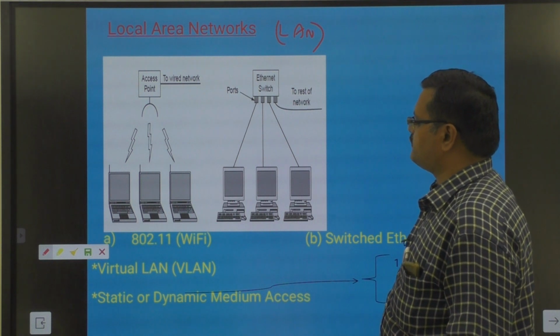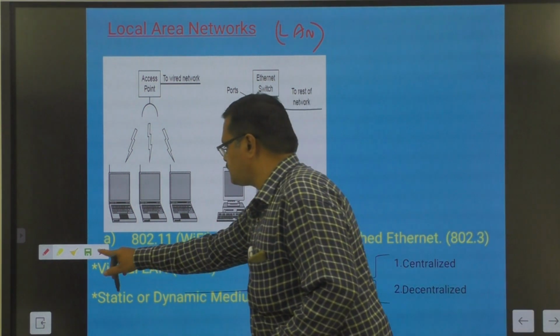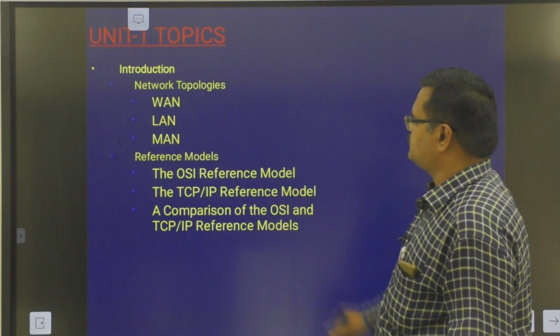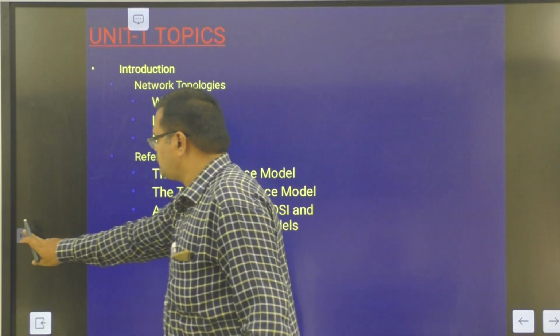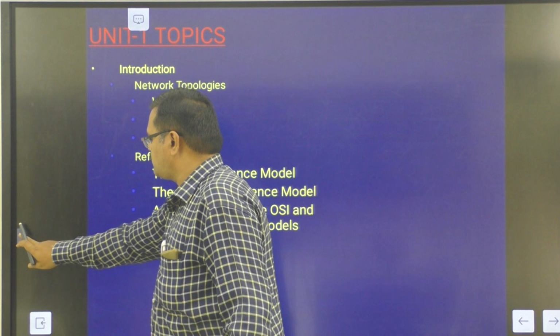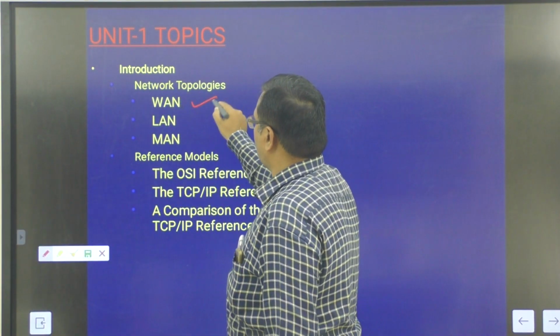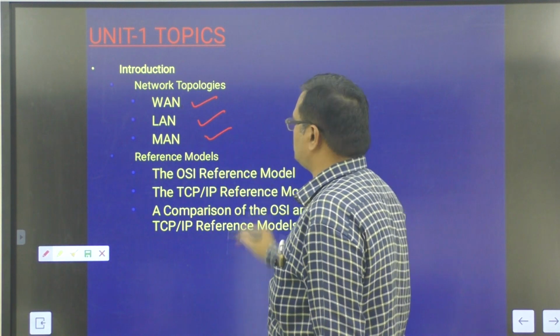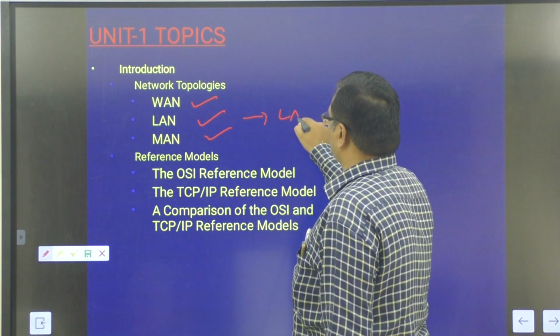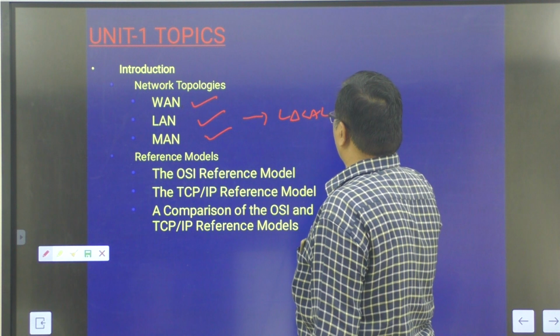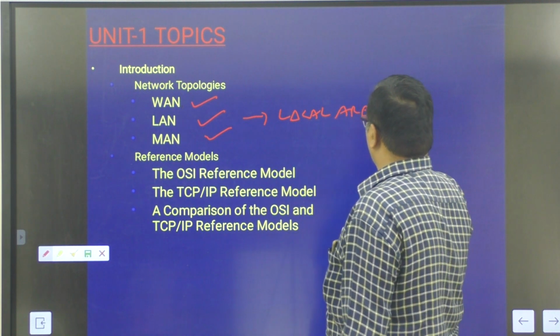So there are different types of networks here. Either it could be a WAN or LAN or MAN. So LAN means local area network.